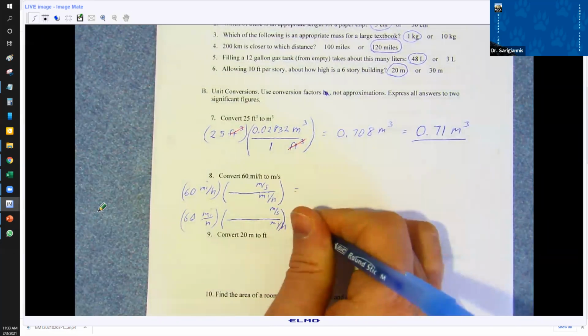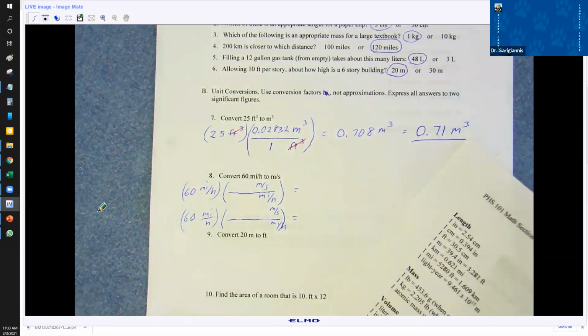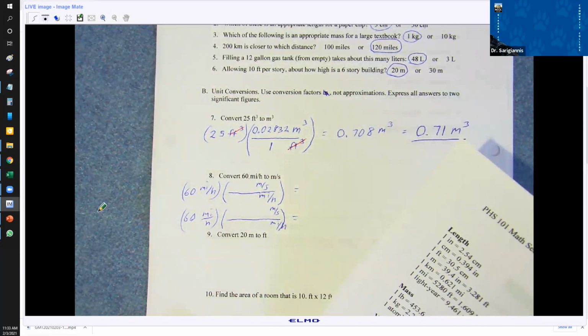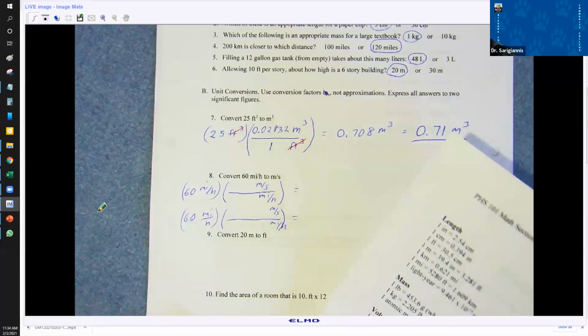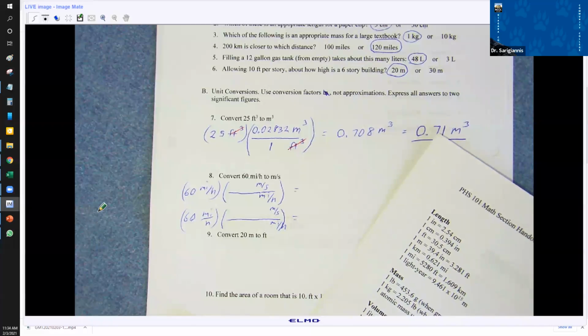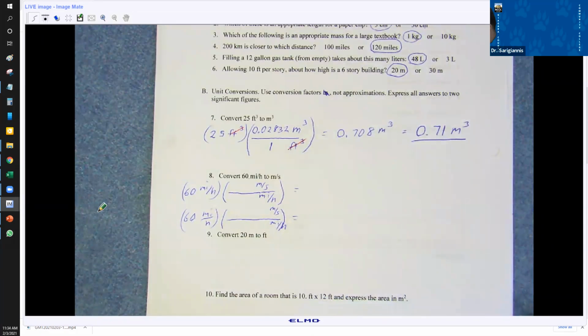Now, for the first way, we go to the back to our conversion factors. And what do we got? We got miles per hour and meters per second.